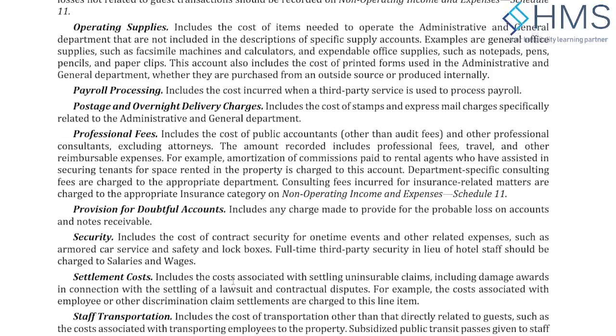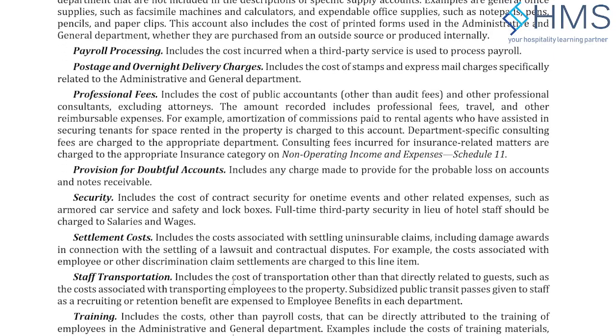Then you have the provision for doubtful debts, which is usually a provision based on a percentage of the total accounts receivable. This depends on the hotel policy, how much you have to charge. It's a specific percentage derived by looking at the average of actual loss over a period of maybe the last 3 years.